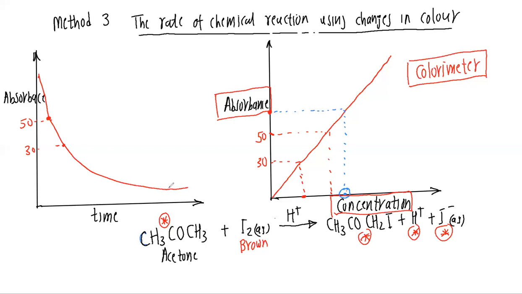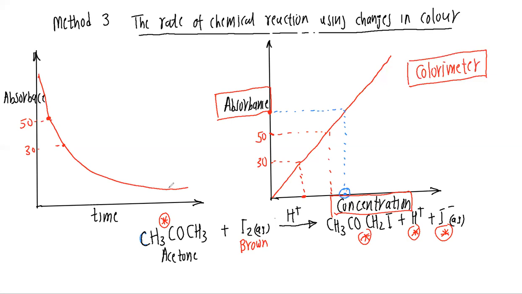So what we are doing is basically finding out the change in the color of the solution. Why? Because the color is the characteristic of only one species. It can be either a product or a reactant, but you cannot have both, otherwise it will be difficult. In this case, we are talking of the distinct color of the reactant, that is iodine.